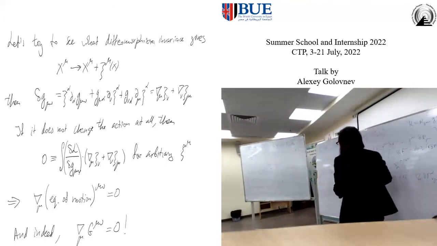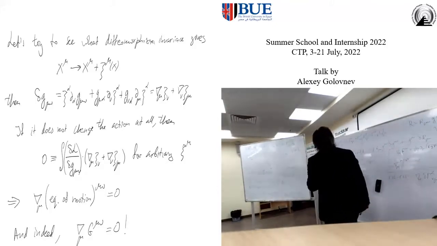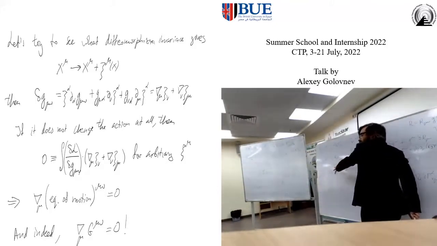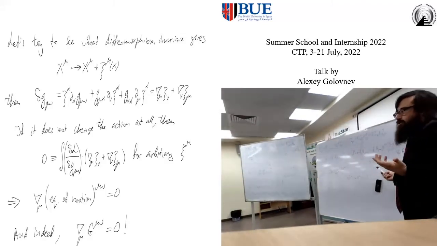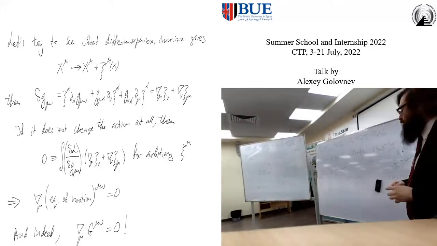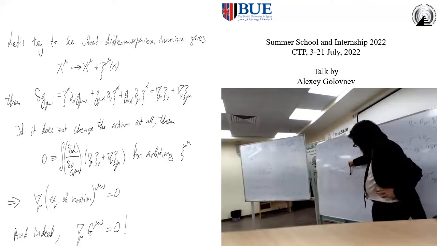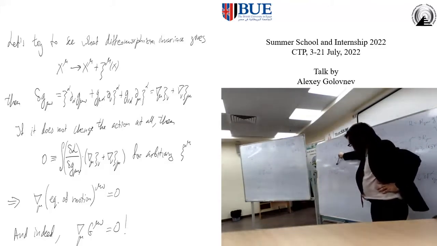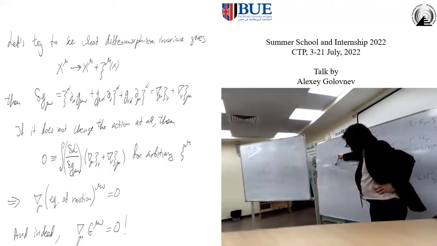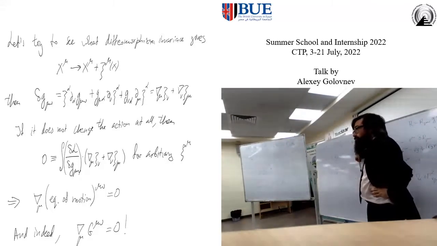So if I do the change of variables like that, it does not change the action at all. It leaves it identically the same. That's the idea of diffeomorphism invariance, so any invariance. And if I assume that, I can integrate by parts, and what do I have? I get that the covariant divergence of this is 0.